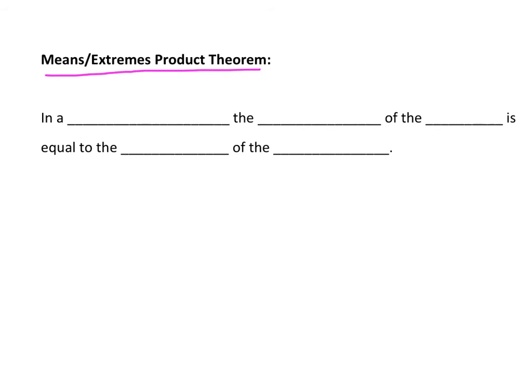So in a proportion, the product, and remember product means to multiply, of the means is equal to the product of the extremes.